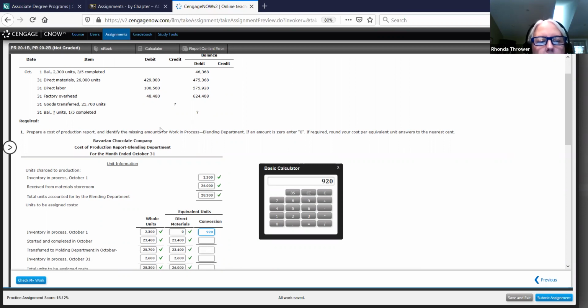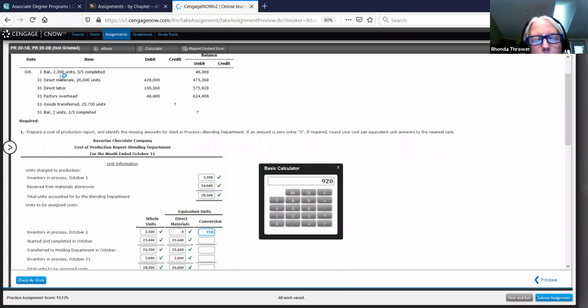So again, I took 2,300 and I multiplied it by the complement of this. What they're saying here was 3/5 of these units were completed with respect to conversion last period. We finished 3/5 last period. So this period, we have to complete the remaining 2/5 with respect to conversion.